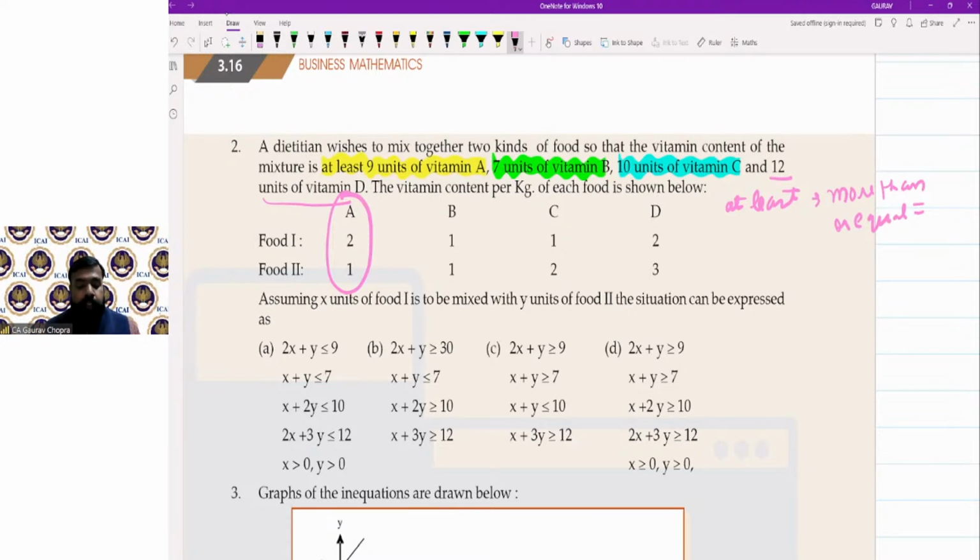So more than is given in option number C and D. So first is rejected, second is rejected. So we have to consider from C and D.